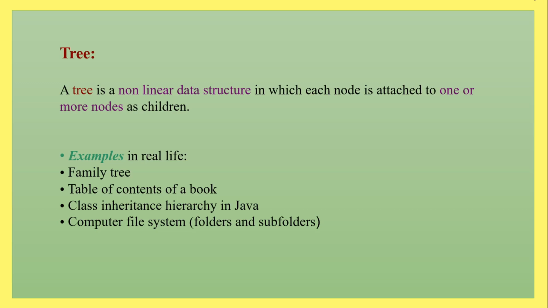A tree is a non-linear data structure compared to arrays, linked list, stacks and queues, which are linear data structures. A tree can be empty with no nodes, or a tree is a structure consisting of one node called the root and zero or more subtrees.